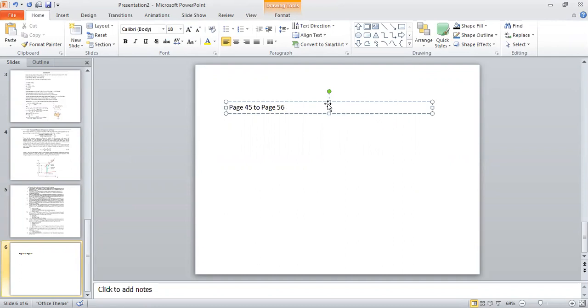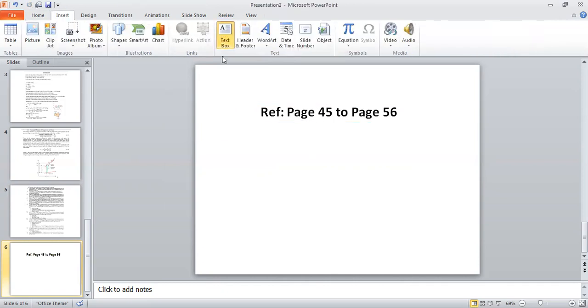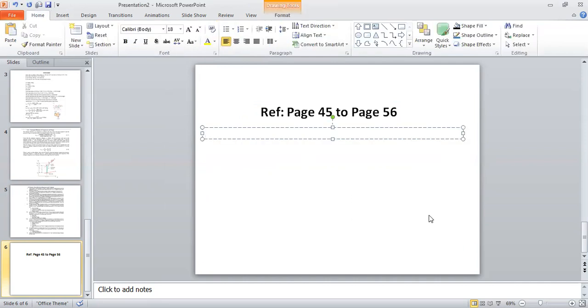Okay. Page 45 to page 56. Okay. This one. This is about vapor power cycles.